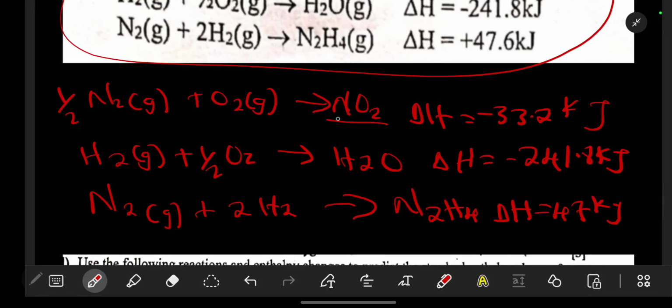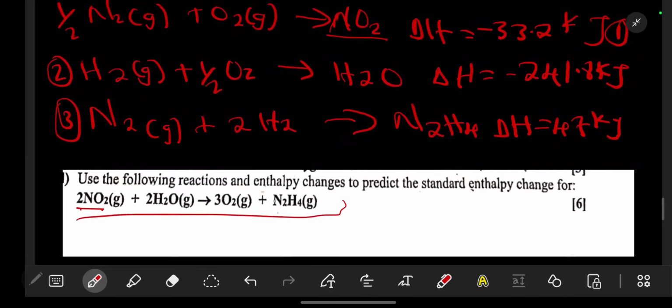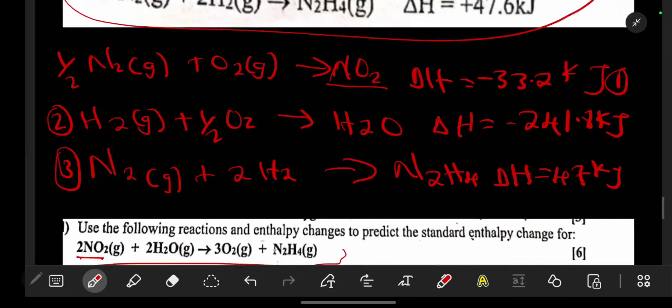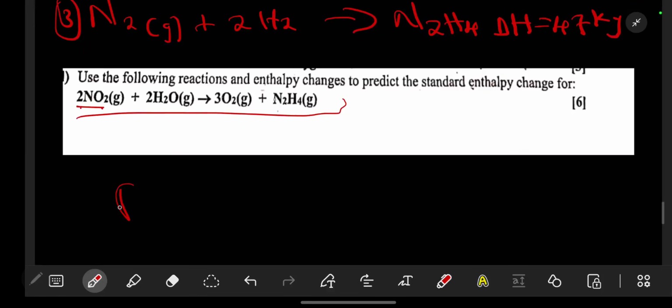So let's call this one equation 1, this one equation 2, this one equation 3. As you can see, this N doesn't have a 2 and here it has a 2. And it is on the other side. So we are going to say flip equation 1 and multiply by 2.